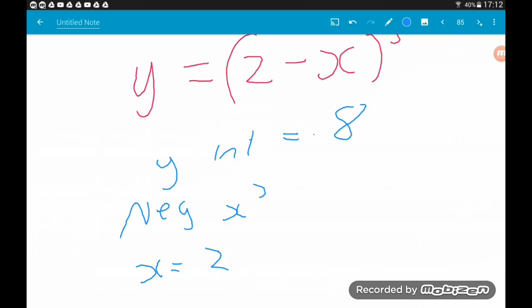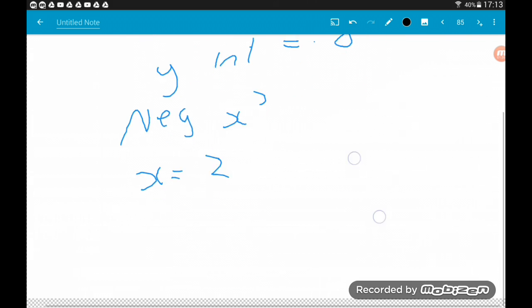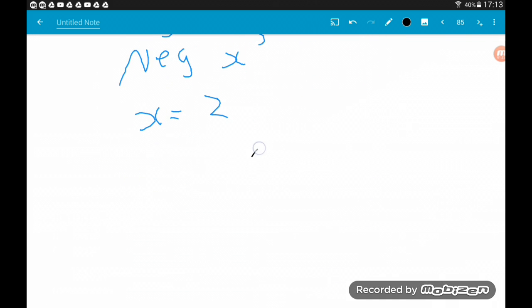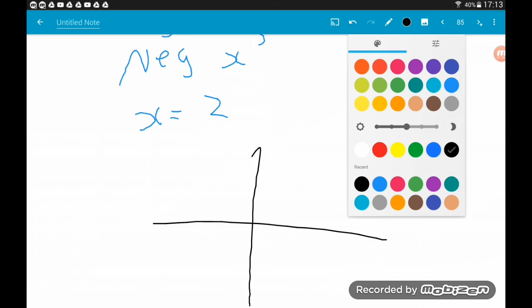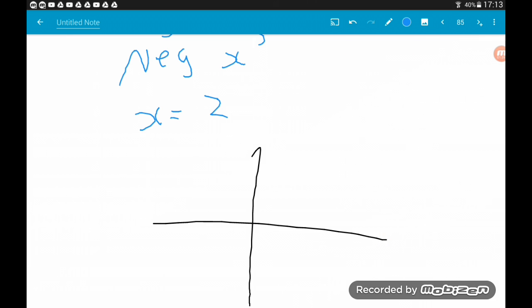So, let's sketch him. So, it's got a y-intercept of 8, crosses the x-axis at 2. So, he's going to look something, starts in the top left because of the negative x cubed.